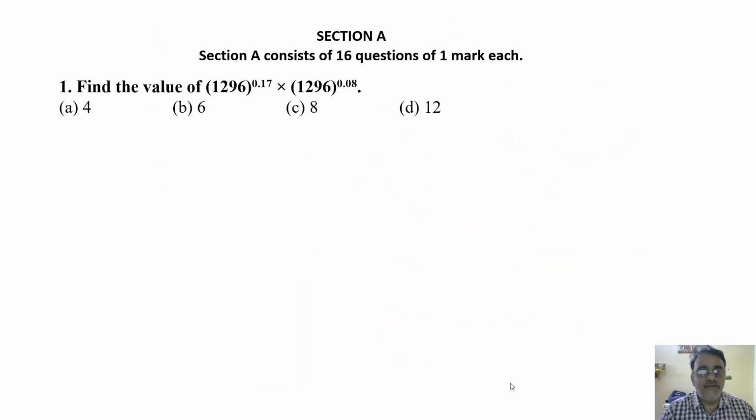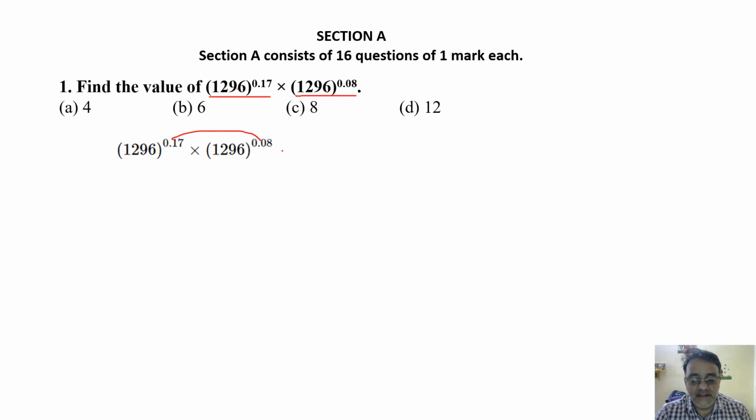Find the value of 1296 to the power 0.17 into 1296 to the power 0.08. So दोनों का बेस सेम है. So what we will do, we will add the powers. ठीक है, ये दोनों का ऐड करेंगे.